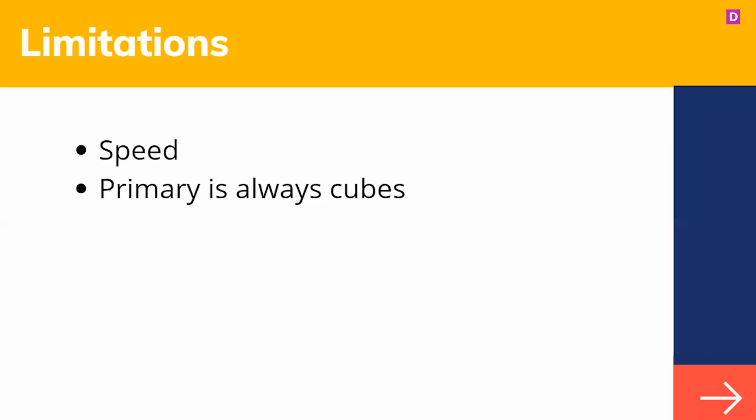And in blending, cubes can only be the primary data source. They cannot be used as secondary data sources. So cubes are always going to be your primary data source.